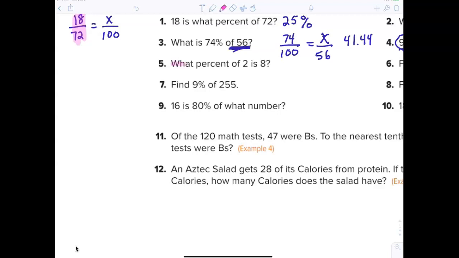You gotta listen to me. It's what percent? So it's automatically x over 100. The question is what percent? So we have to do the x over 100. Does everybody see that?